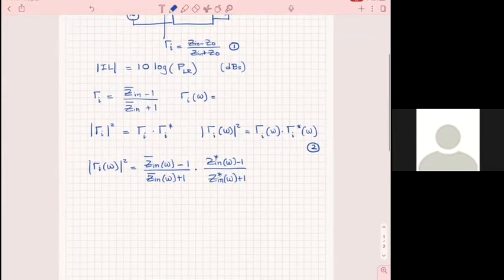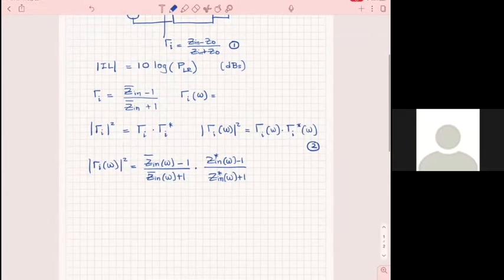Okay. So now let's write the input impedance, which is a function of omega, as a function that has a real part, R in of omega, plus an imaginary part, X in of omega. And if this is normalized, those will be normalized, obviously.